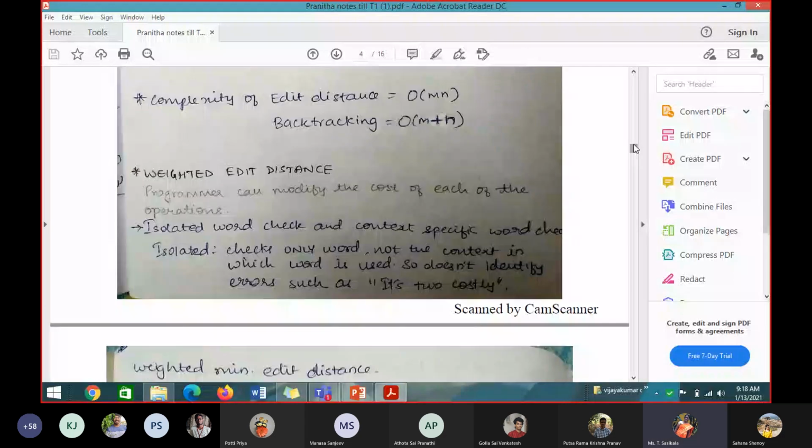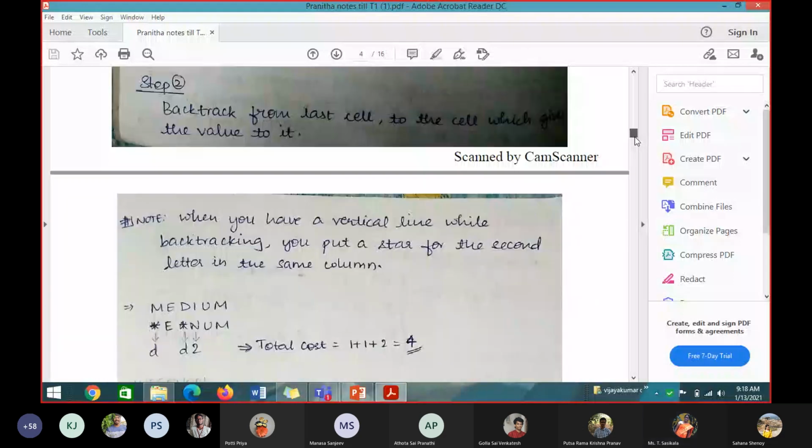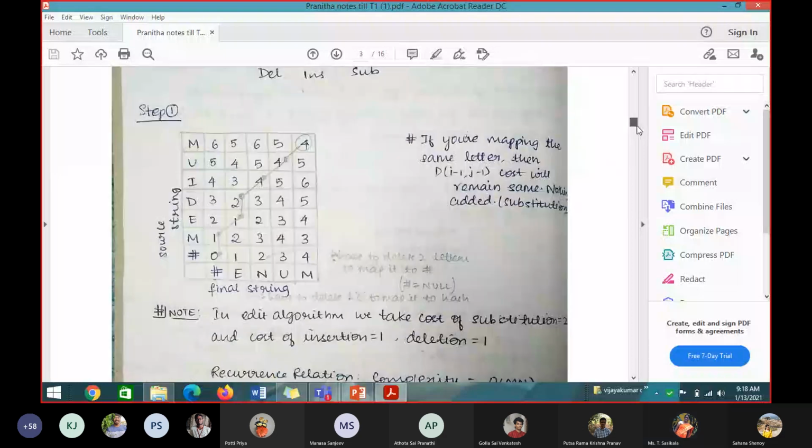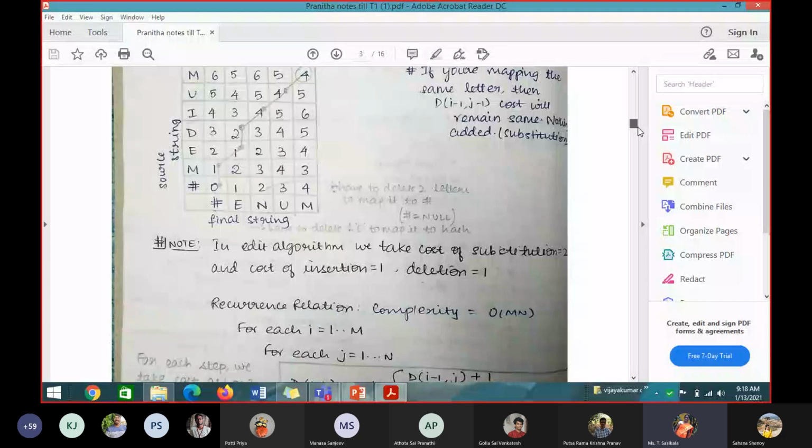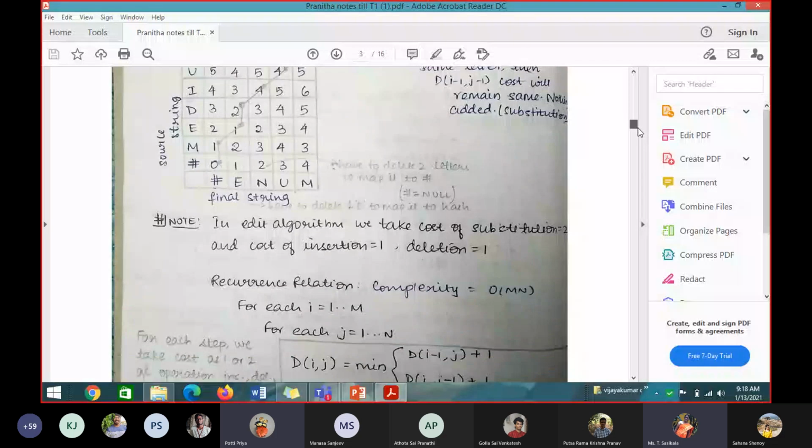How many rows and how many columns? 6 and 4, for enum.